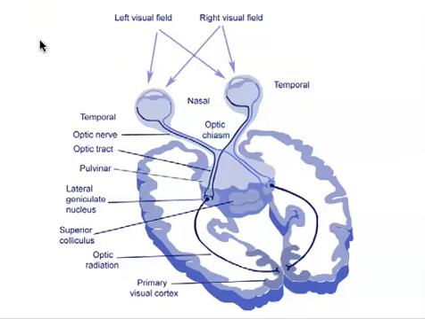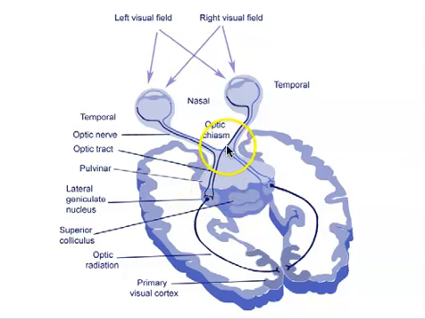So in terms of the optic nerve, about half of the fibers that are coming down that left optic nerve are going to stay ipsilateral, and about half are going to travel contralateral. Same thing is true of the right eye. About half of the fibers in the right optic nerve are going to travel ipsilateral, and about half are going to travel contralateral.